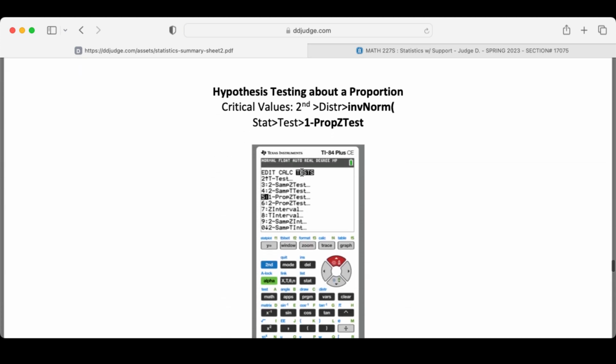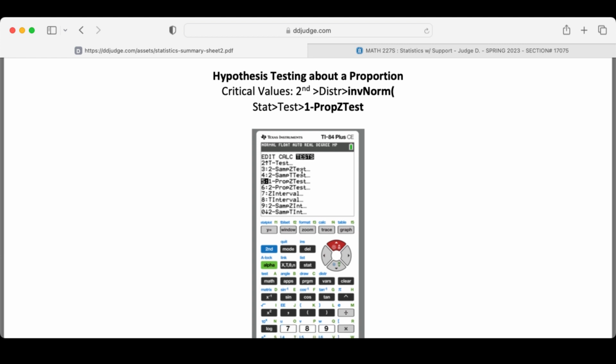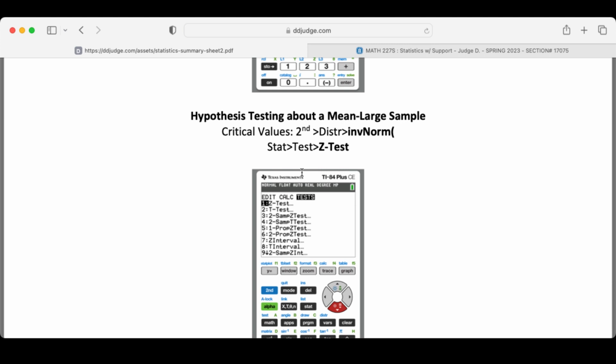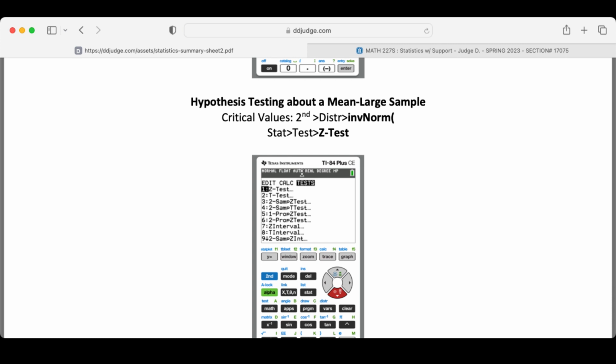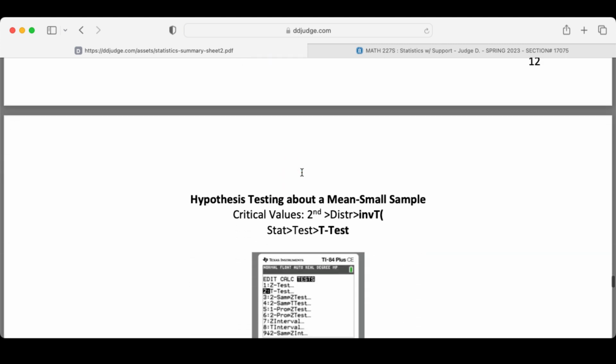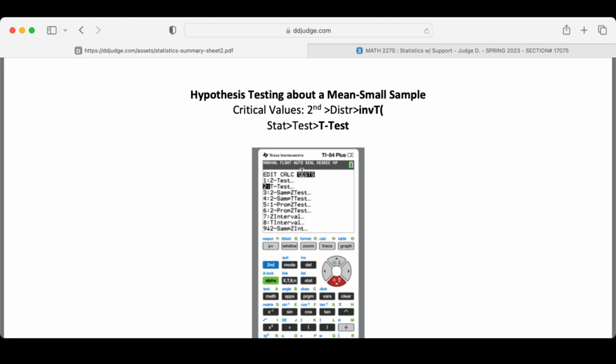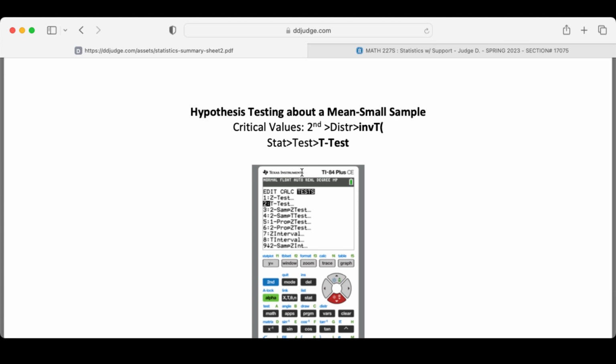Hypothesis testing about a proportion, inverse norm for critical values, one proportion z-test. Hypothesis testing about a mean for a large sample, inverse norm, z-test. Hypothesis testing about a mean, small sample. How do you get the critical values? Inverse t. And then you use the t-test.